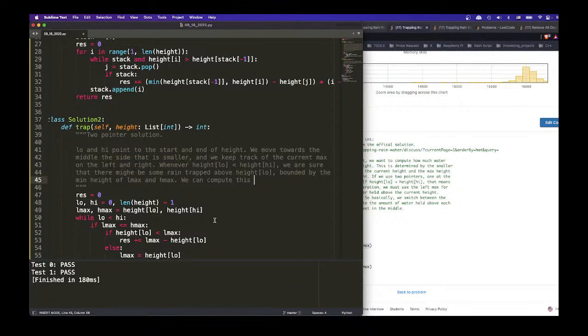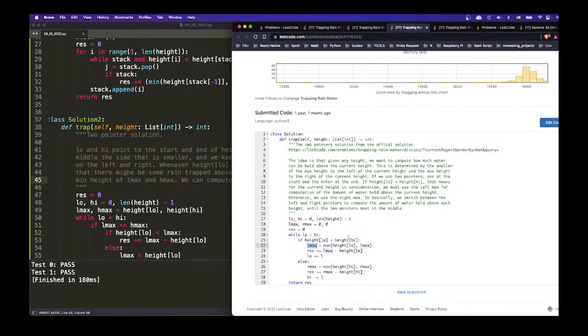Because if low is smaller than high, then I update the low and I move up. Okay? And if it's smaller than high, I keep moving until this is bigger than high. If this is bigger than or equal to high, then we swap here.